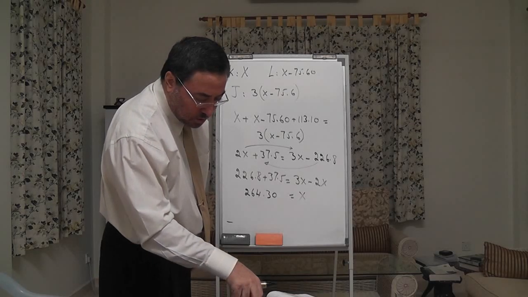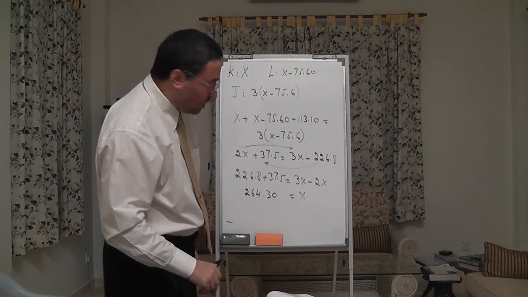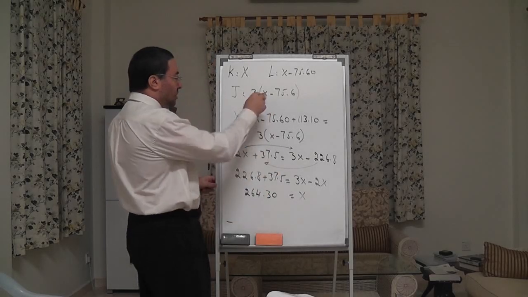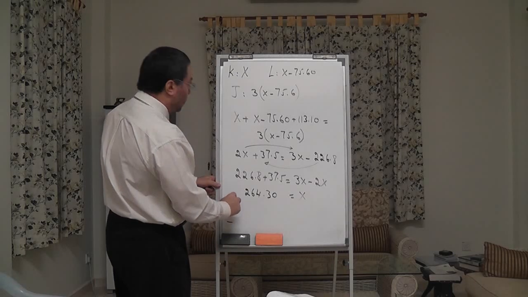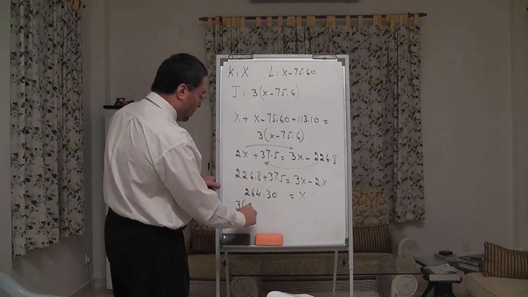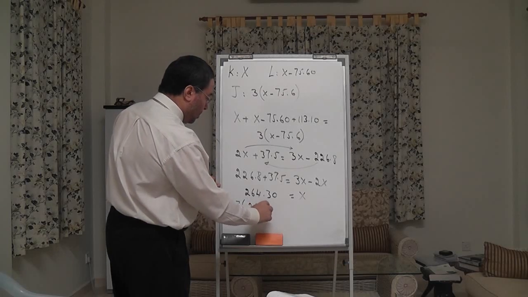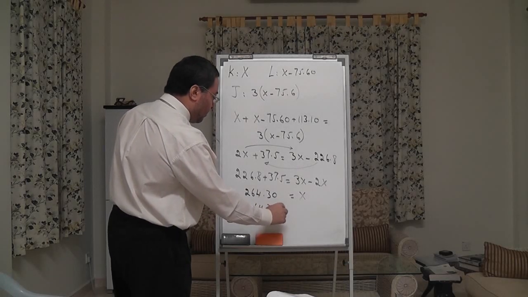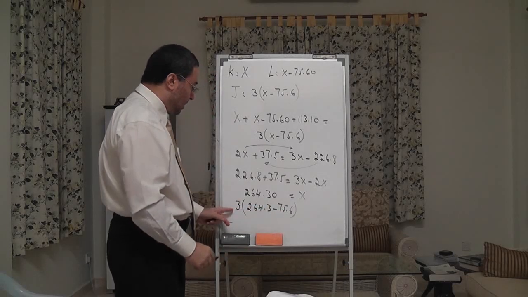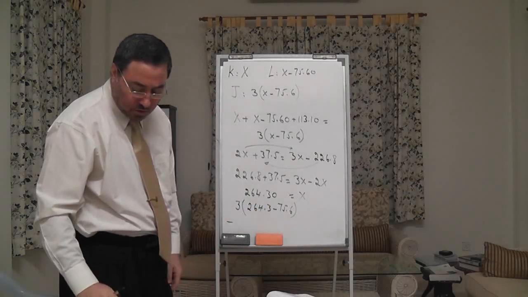But they want how much Jan has, so we replace this here. Jan is 3 into this 264.3 minus 75.6. We minus these two numbers and multiply by 3.